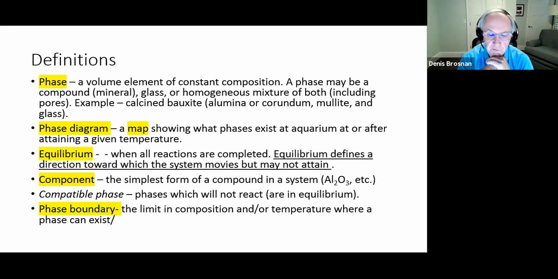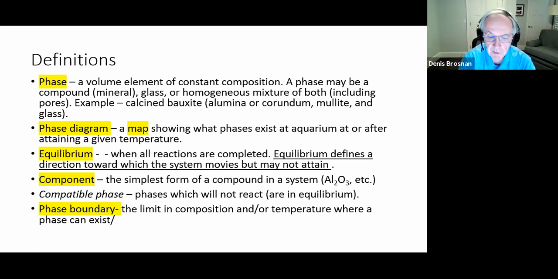Now, compatible phases are those that are at equilibrium with each other. They won't react. So if you have 2 compatible phases present in a fired ceramic, there's no further reaction that's going to take place between those at a given temperature. In the German language, sometimes they call these phases that can stand beside each other. They can coexist with each other.